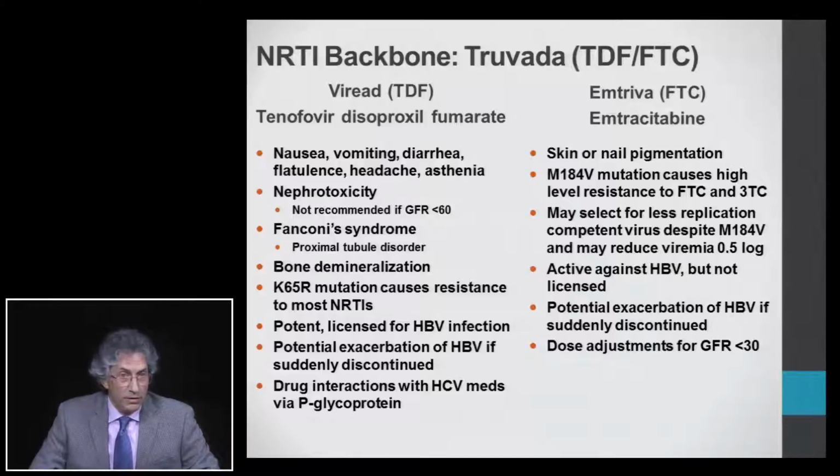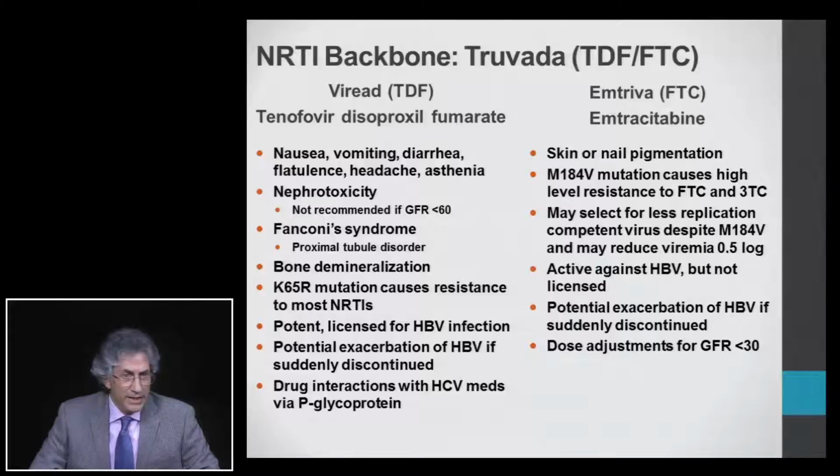One of the ways it contributes to renal failure is causing proximal tubule dysfunction or Fanconi's syndrome, which means the kidney loses phosphorus, glucose, protein, a whole host of other chemicals are leaked out of the proximal tubule. That leak of phosphate from the proximal tubule means that the body reabsorbs bone to make up for the phosphate loss, and that causes bone demineralization also. So this is the Achilles heel, if you will, of tenofovir DF.